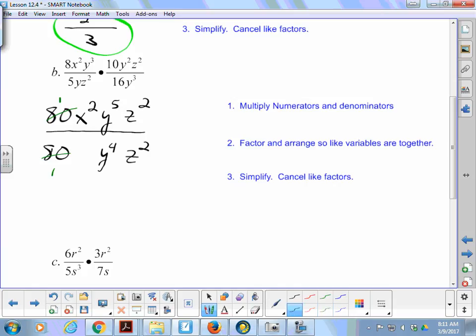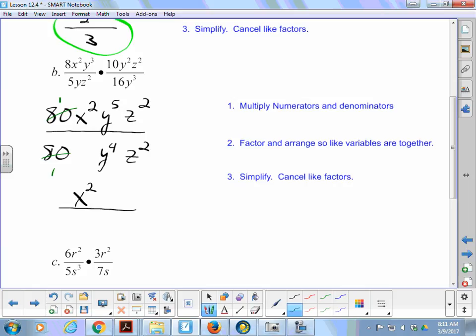So I'm going to put a fraction bar here. This will help me. X squared, there's no other x's, so x squared is going to go in the numerator. And I have y to the 5th and y to the 4th. What do I do with the exponents then? Yeah, we subtract them.